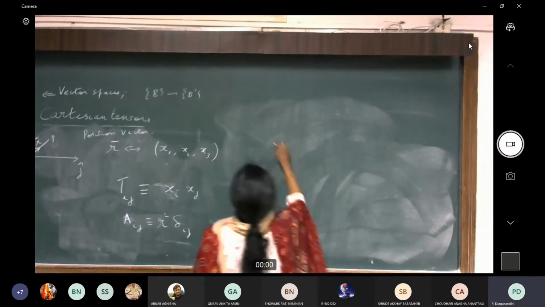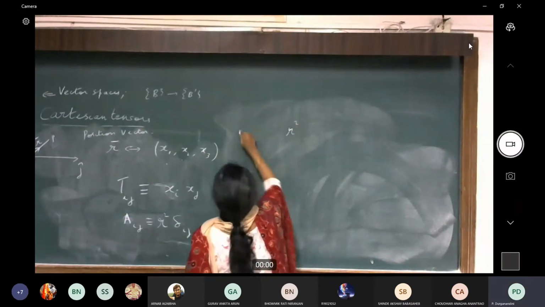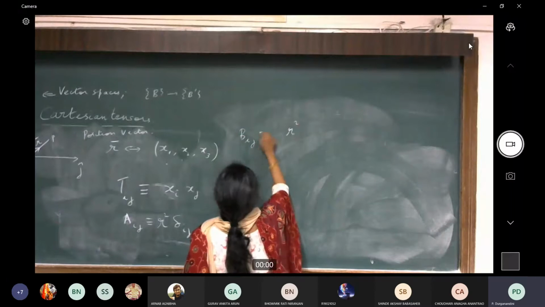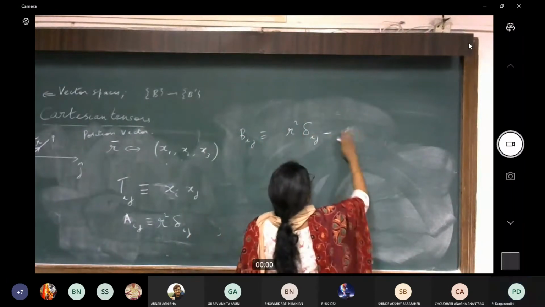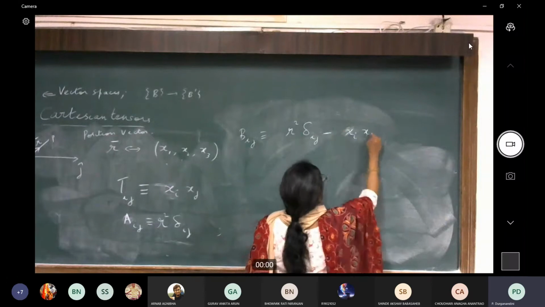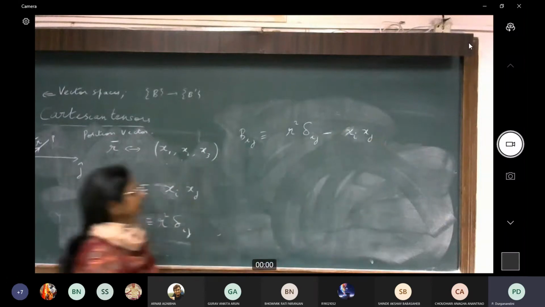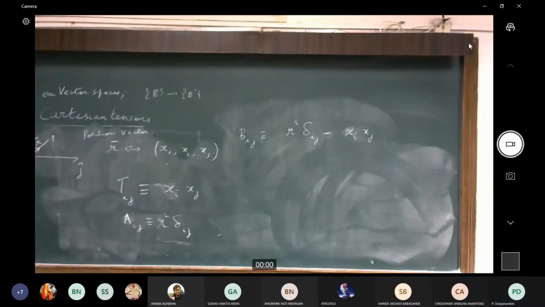Now if I tell you, I construct this object. How will this transform? Or what kind of an object is this object?